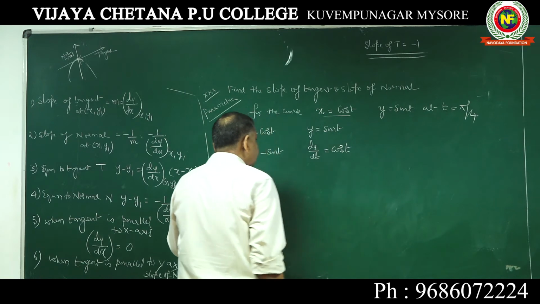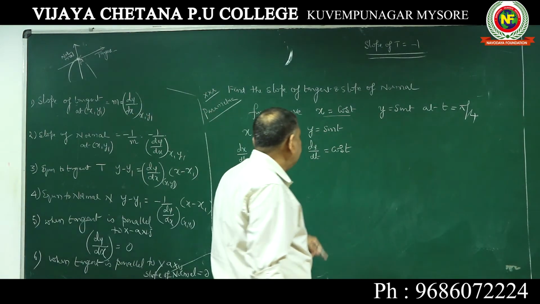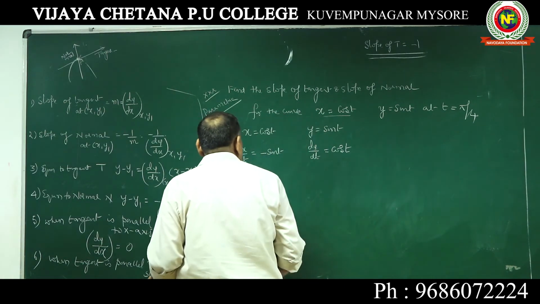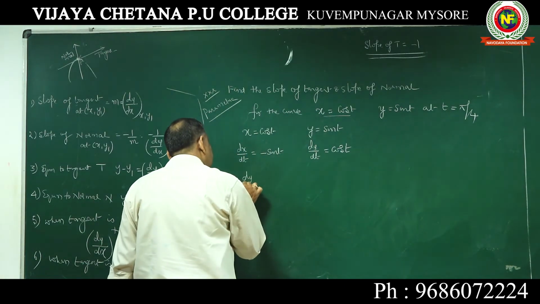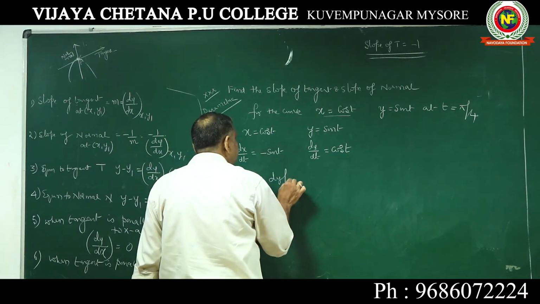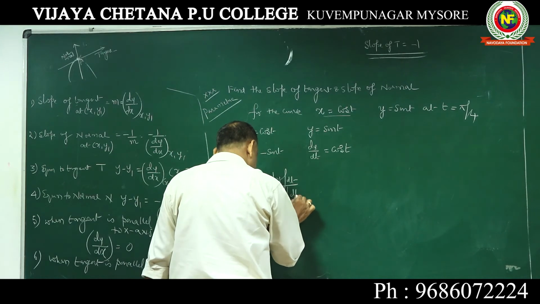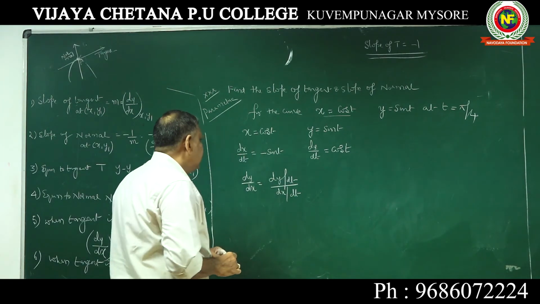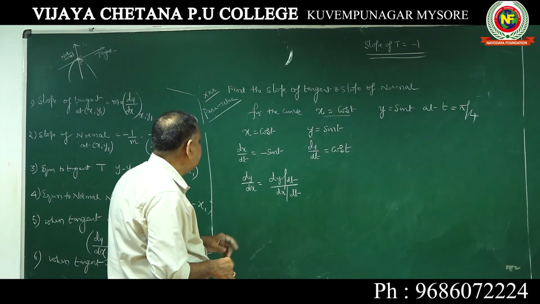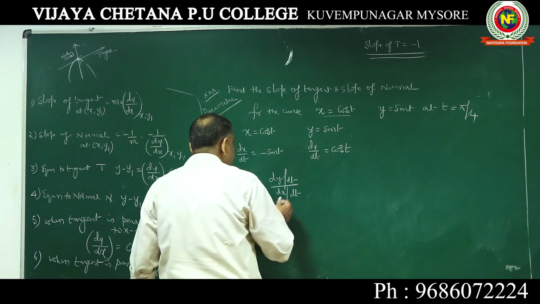When you differentiate this, dx by dt is minus sin t and dy by dt is cos t. Now dy by dx is equal to dy by dt divided by dx by dt, for a parametric function.